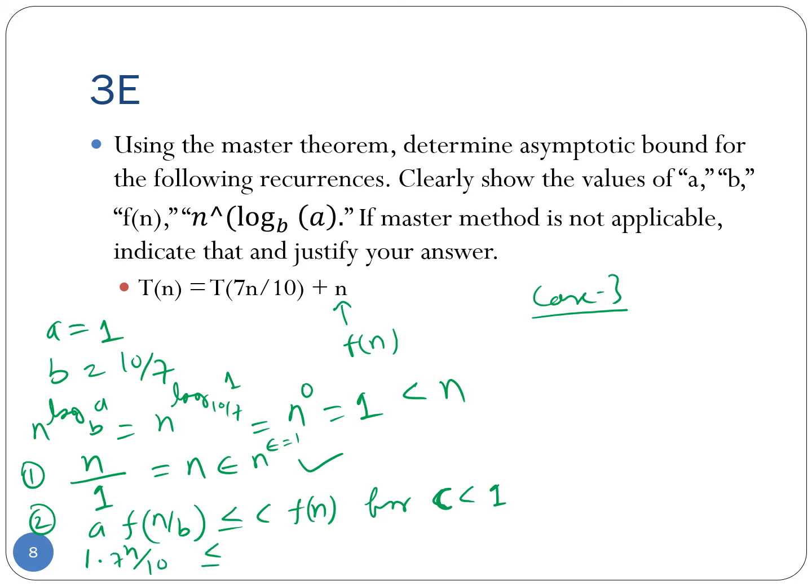Now this is less than or equal to clearly 7 by 10 times n, so this implies that for c equal to 7 by 10, the condition is true, right? So 7 by 10 is less than 1, so the second condition also passes. So this is case 3, which implies that T of n belongs to theta of f of n, which is simply n in this case.